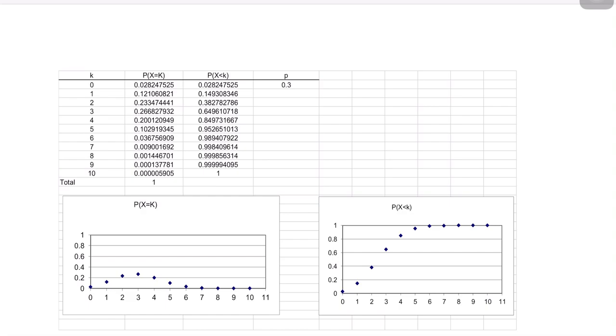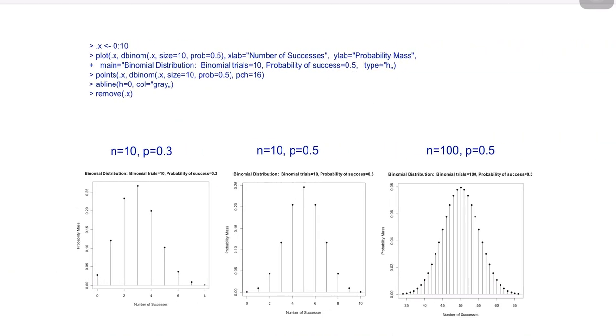As you see here, we have 10 values, and we can find the probability for X smaller than k in the graph.